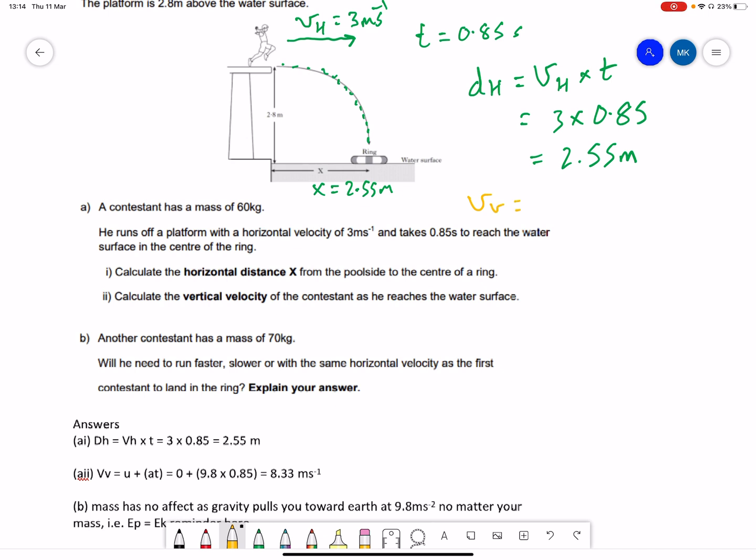Vertical velocity, u plus at, 0 plus 9.8 times 0.85. If he's not even been in the air a second, he will never reach 9.8. So you know the number is going to be lower than that, and it happens to be 8.33 meters a second.